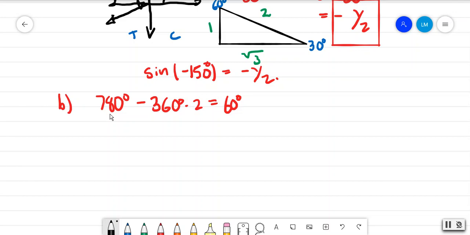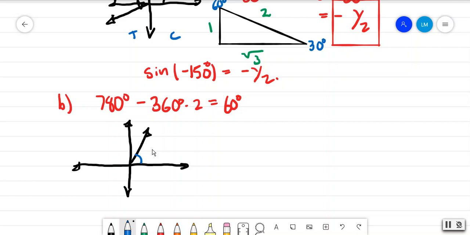If you want to do something like this, you can draw it, but you don't have to draw the spiral if you don't want to. So 60 degrees, we'll just do it like that. Remember how we did this: we find the coterminal angle, and in this case it is 60 degrees.